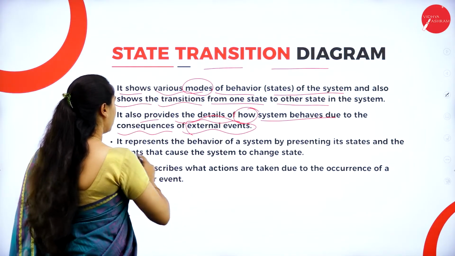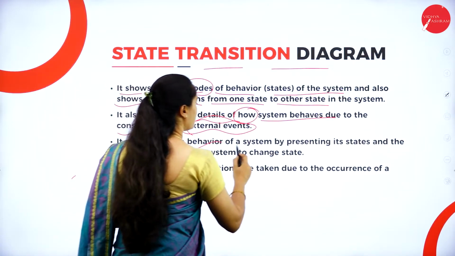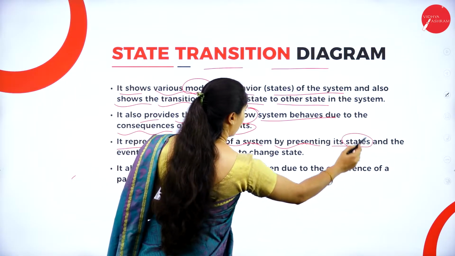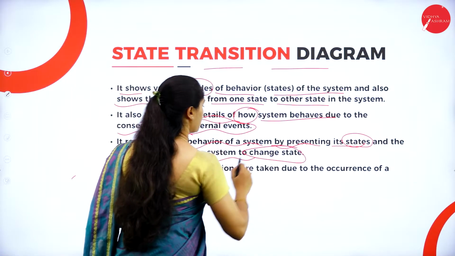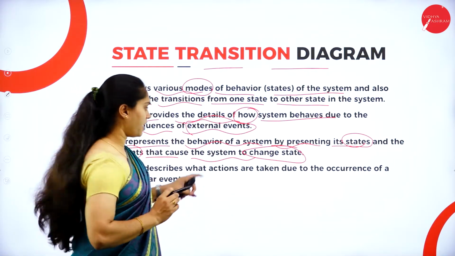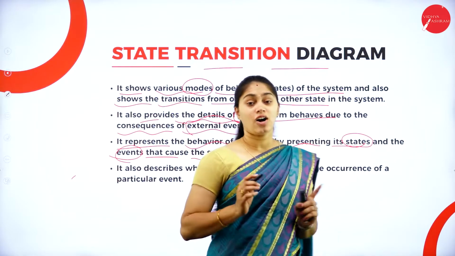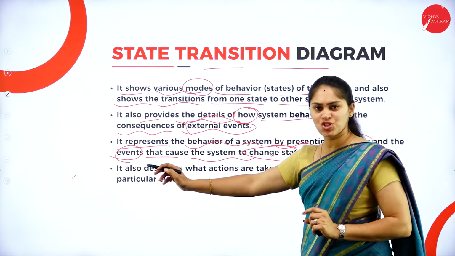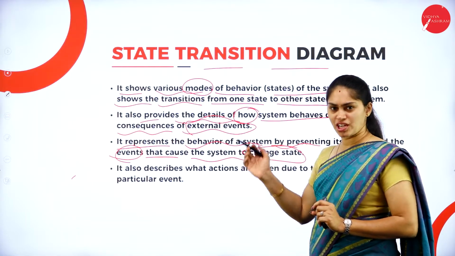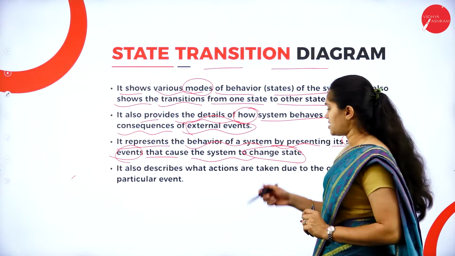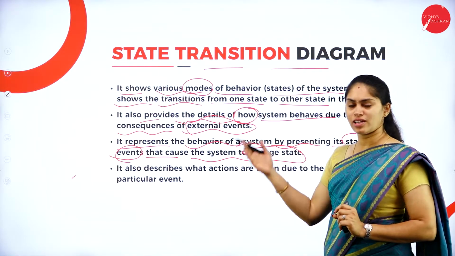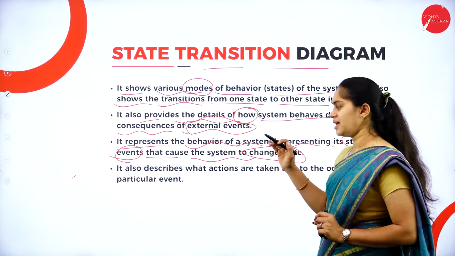And also it mainly represents the behavior of a system by presenting its states and the events that cause the system to change state. Mainly it is going to specify the states, and also by which event the state has been changed from one state to another state. What made the system change from one state to another is also going to be represented.